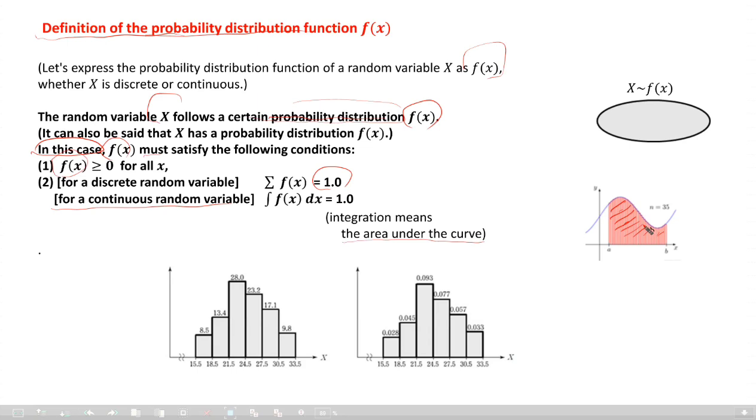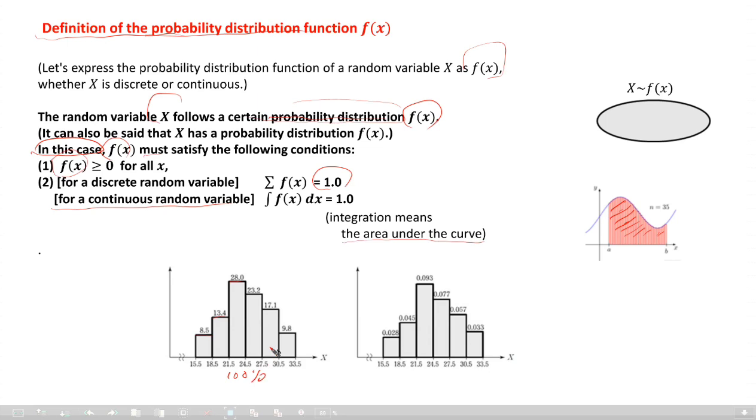So I show one example, a relative frequency histogram like this. Then the sum of heights means 8.5 plus 13.4, 28.4, up to 9.8. This should be 1.0, in other words, 100%, when it is treated as discrete.